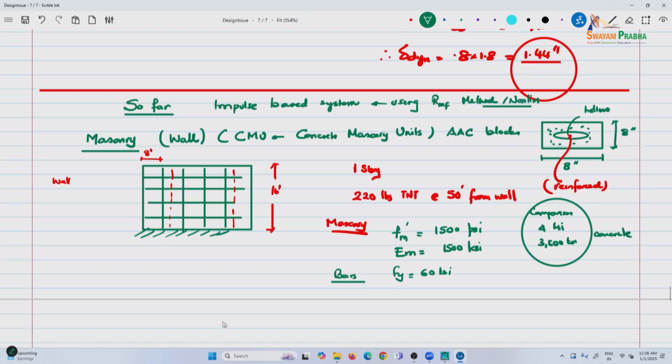Now, the properties of this masonry: the net area is 0.49 square inch per foot.